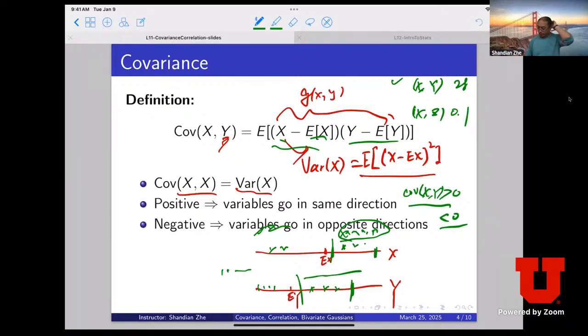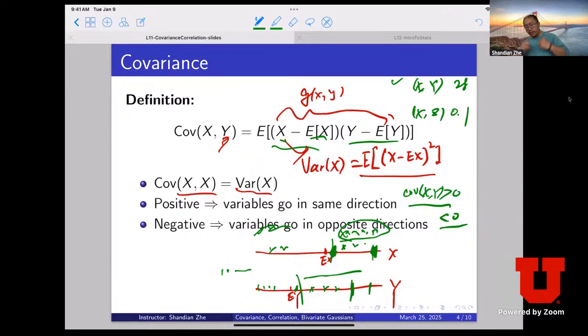In contrast, if X deviates largely but Y is still close to its expectation, or X is close to its expectation but Y is far away, or the difference between X and its expectation seems irrelevant to how far away Y will be from its expectation, that means the degree to which X deviates from its expectation is somewhat less related to the degree to which Y deviates from its expectation.